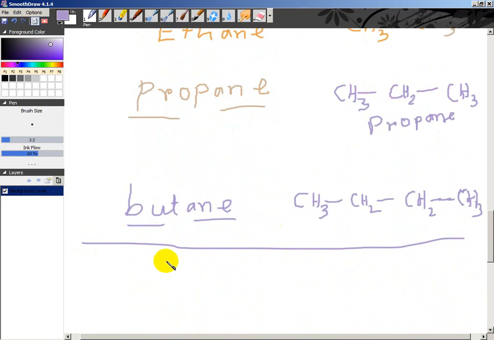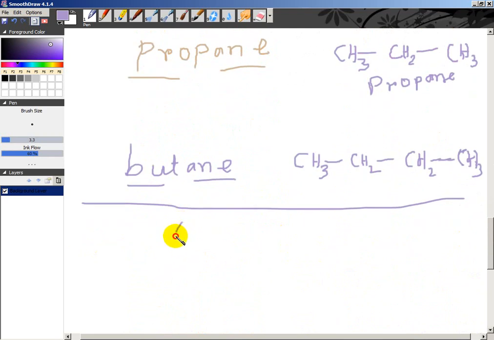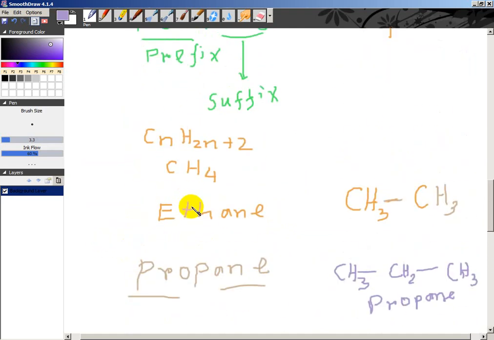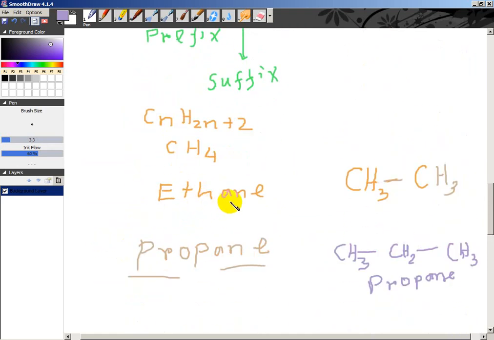Now we learn alkene, the alkene homologous series. We can write the naming from the alkane name. The first one is ethane.